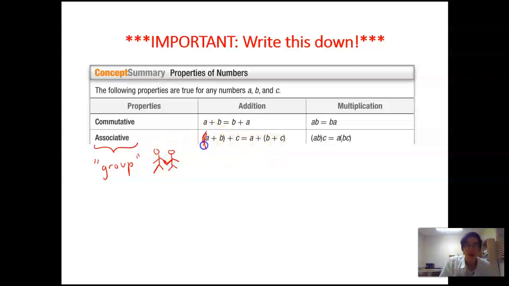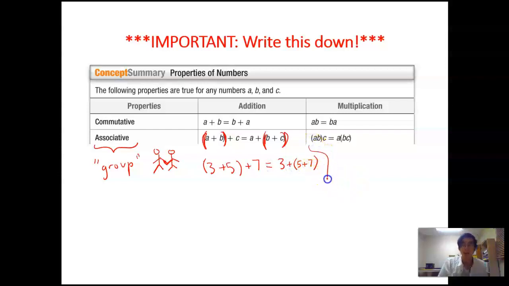Practically, you can group certain terms together in parentheses, and you can still do the same property of addition or multiplication. So for example, you can do 3 plus 5 in parentheses, okay, plus 7. It's the same thing as 3 plus, and then parentheses, 5 plus 7.